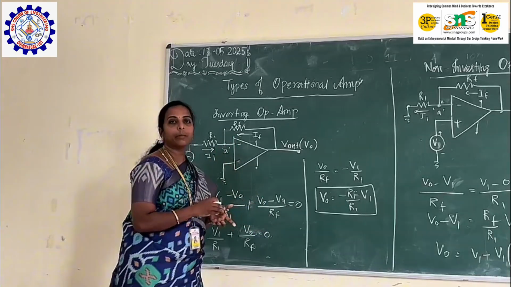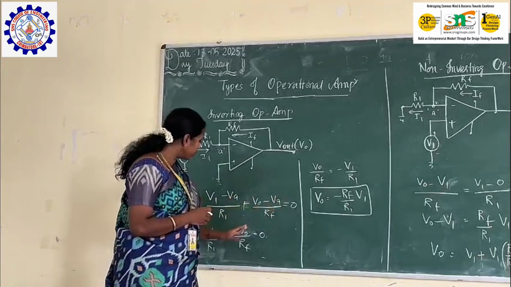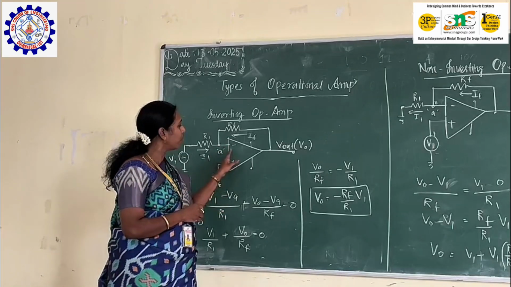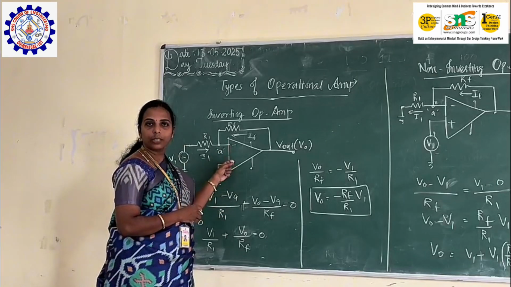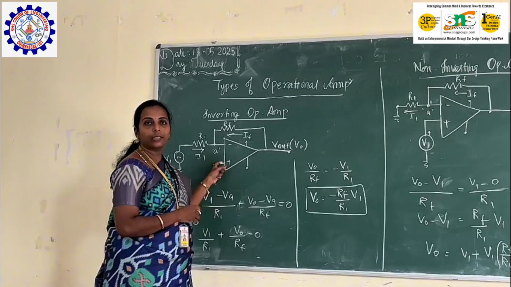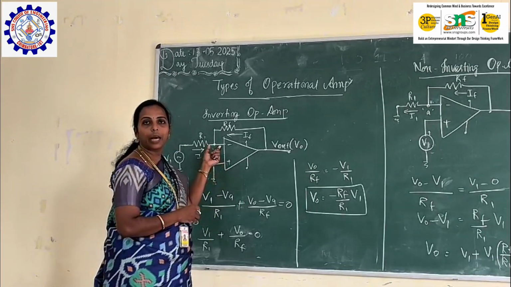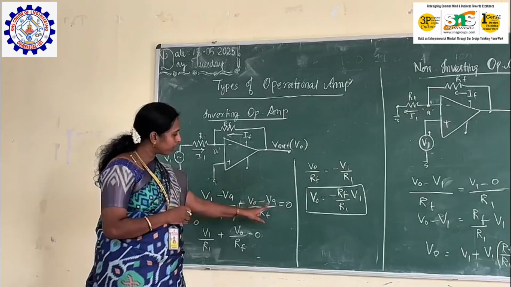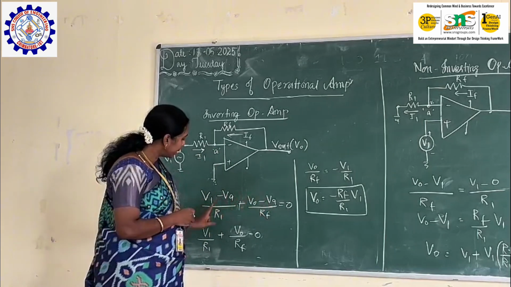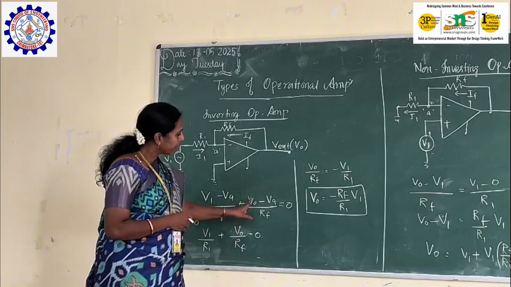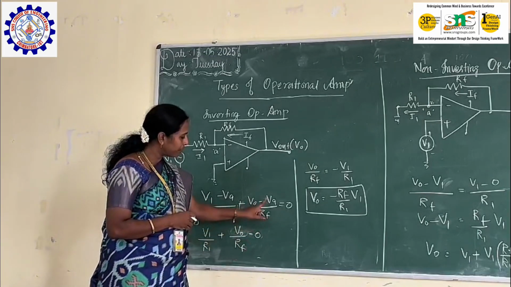These two are the incoming currents, which sum to 0. Since the op-amp terminals do not consume any current, and this terminal has potential 0, this terminal also has potential 0. So I am substituting VA equal to 0. Wherever we have VA, it is equal to 0. So V1 by R1, plus V0 by RF, equals 0.